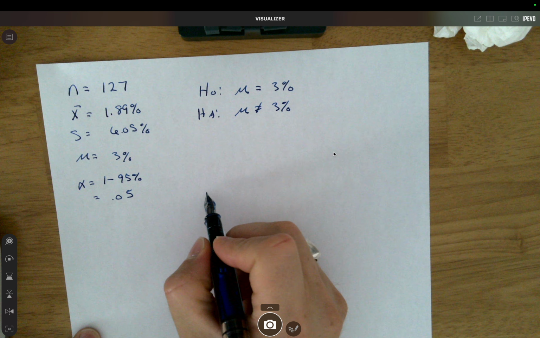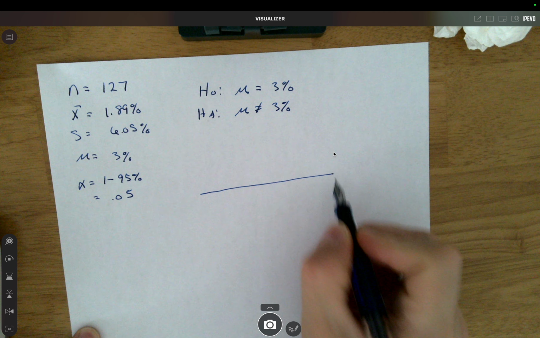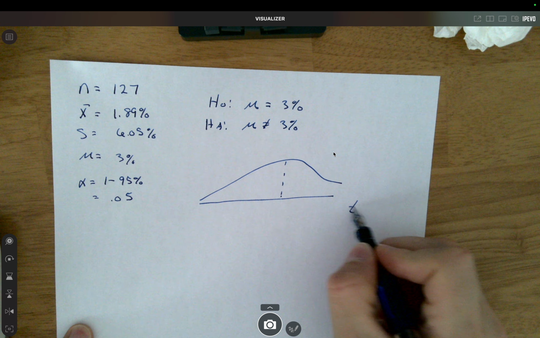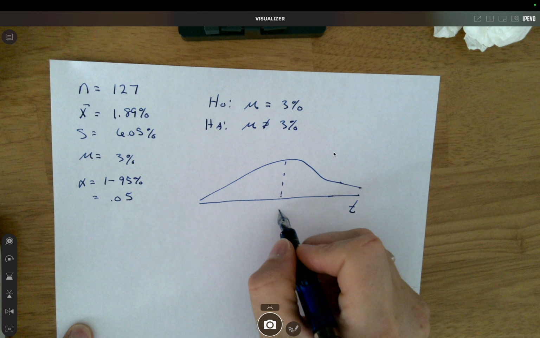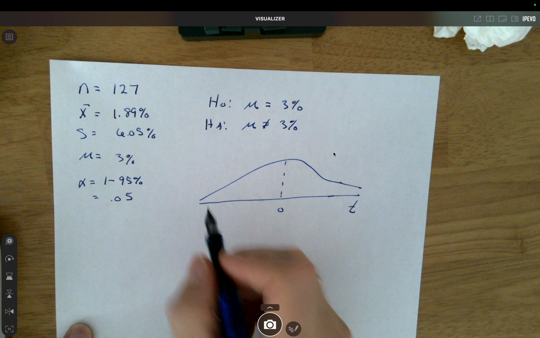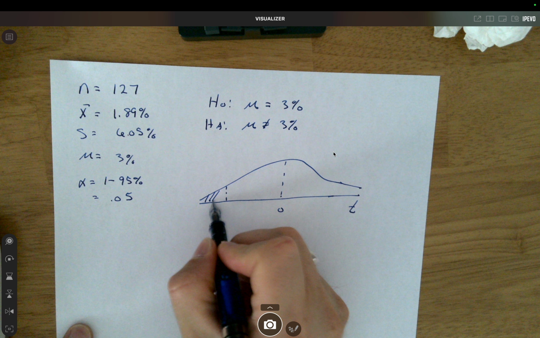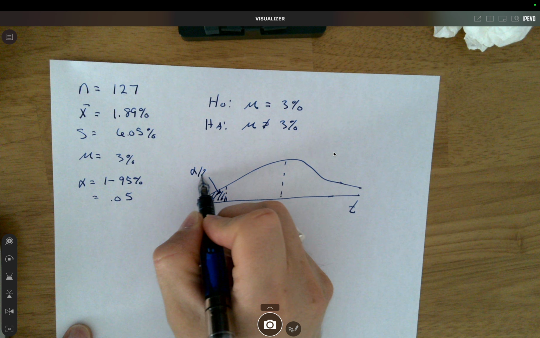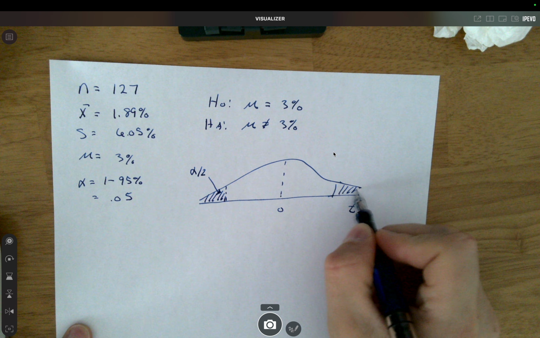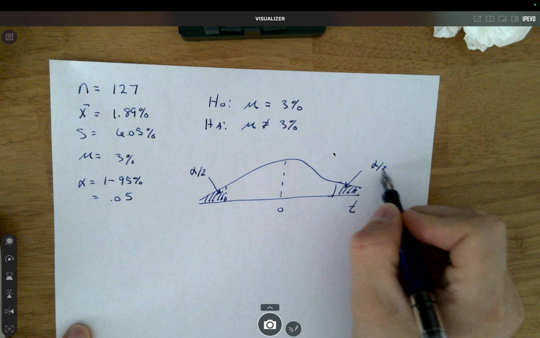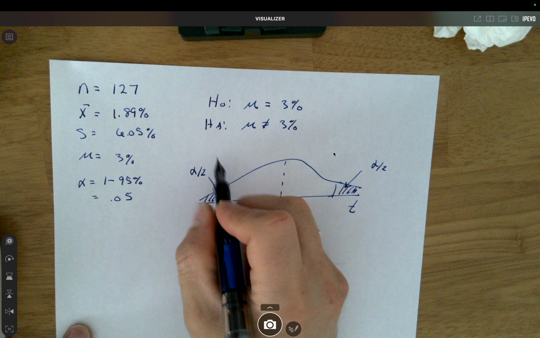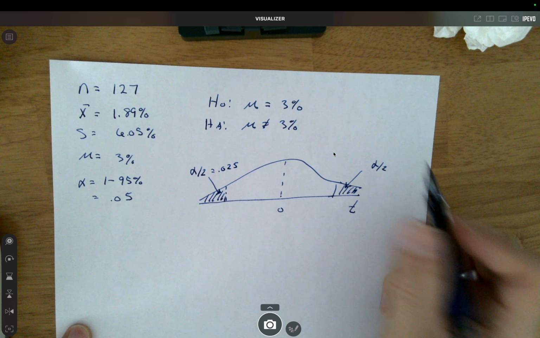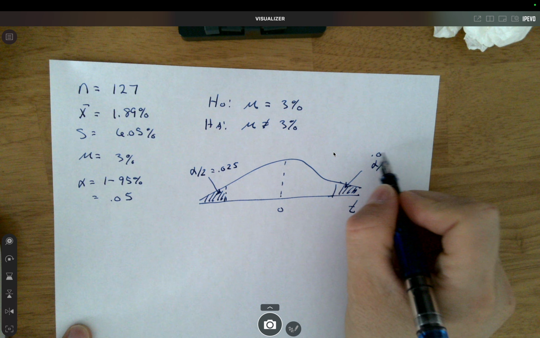So when we set up the distribution here, again, this is a t-distribution. This is 0. We want alpha over 2 on this side, and we want alpha over 2 here. So we know that this area is 0.025, and this area over here is 0.025.